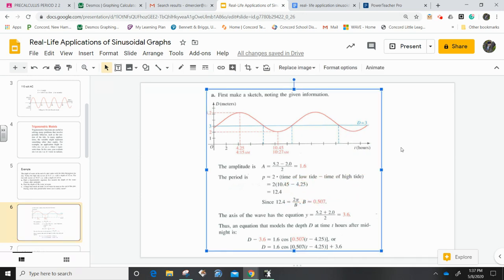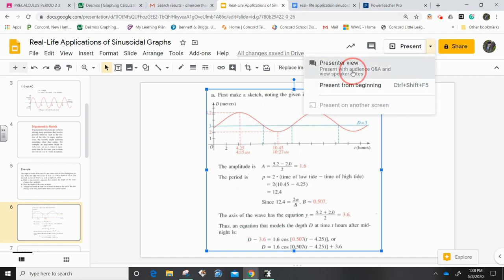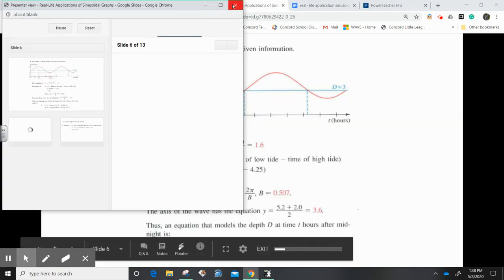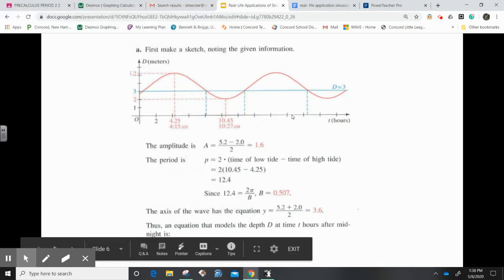Now I figured out what my period was because I know 2 pi over b equals the period, and if I solve for b, I'm going to get approximately 0.507. Okay, so we're just going to kind of estimate that now. But if this was like a $2 million boat, you probably wouldn't want to estimate it. You'd probably want to save as many decimals as you could.